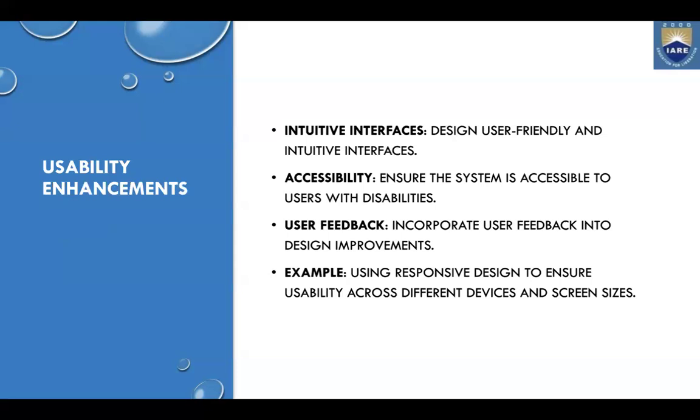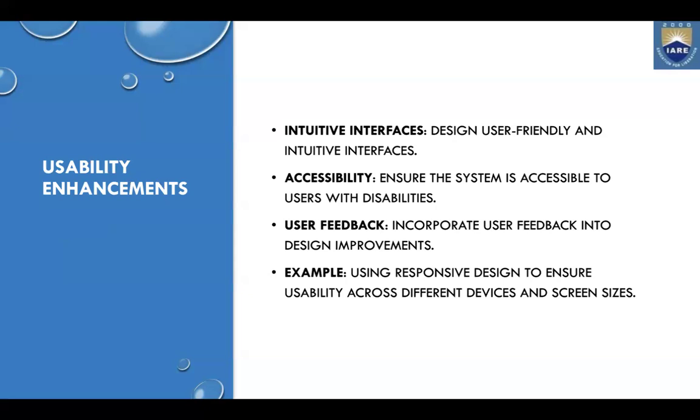Usability enhancements. Intuitive interfaces, accessibility, user feedback. That means design should be user friendly, with intuitive interfaces. Accessibility: ensure the system is accessible to users with disabilities. User feedback: incorporate user feedback into design improvements.